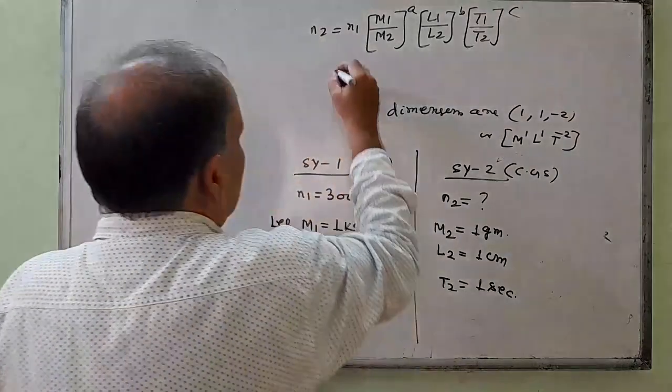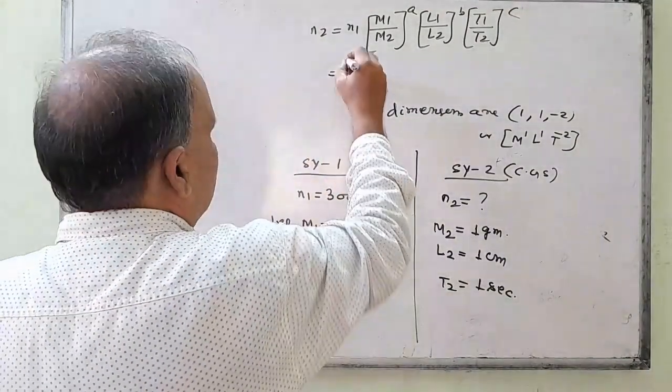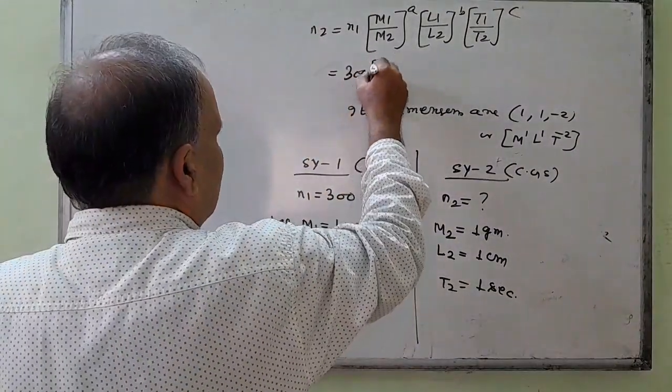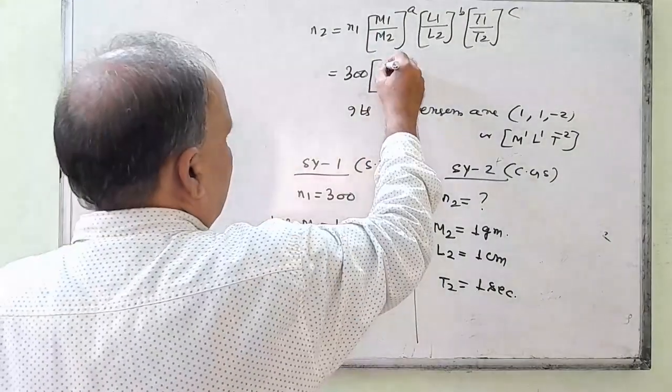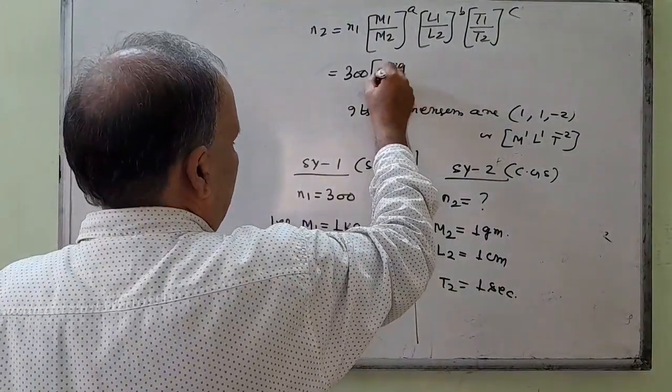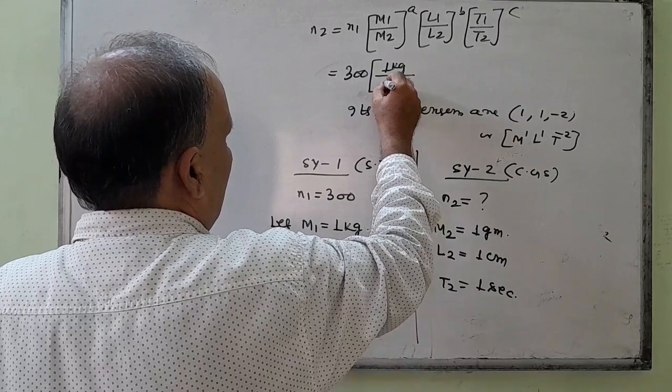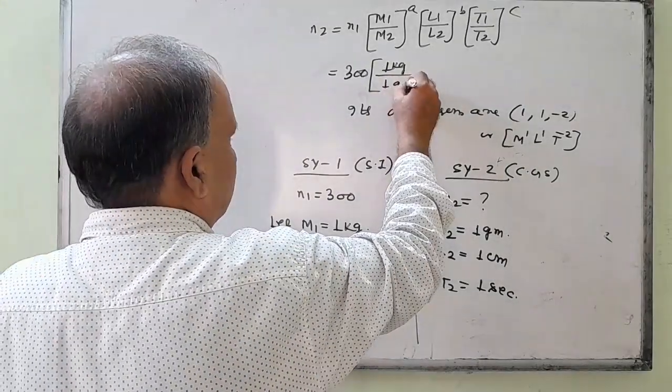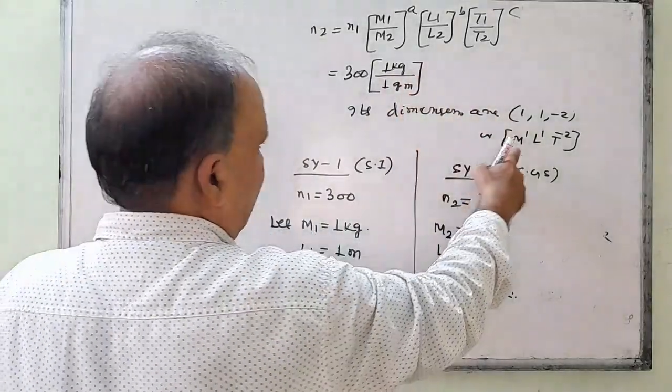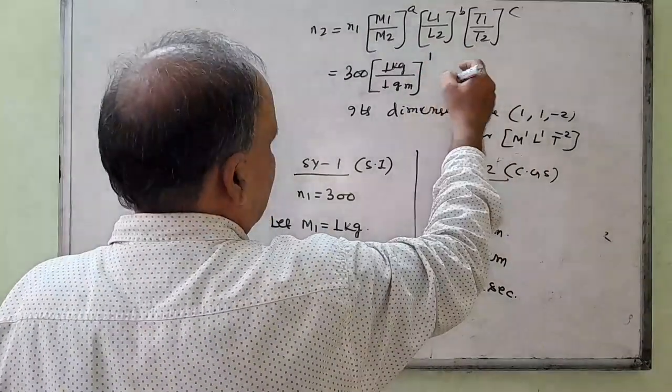You see, that is equal to N1. N1 means 300. That is your M1. M1 is your 1 kg by 1 gram to the power A. A means 1.